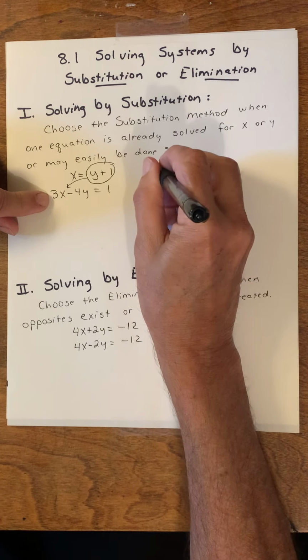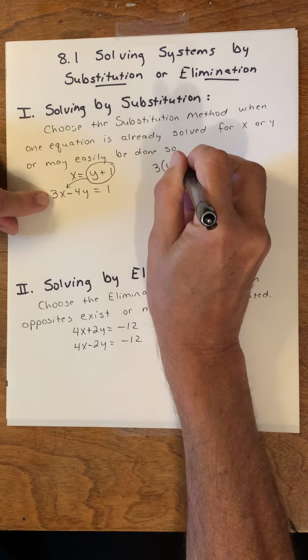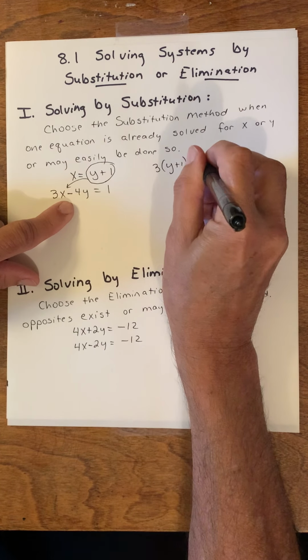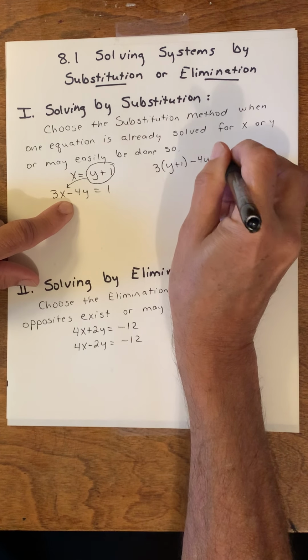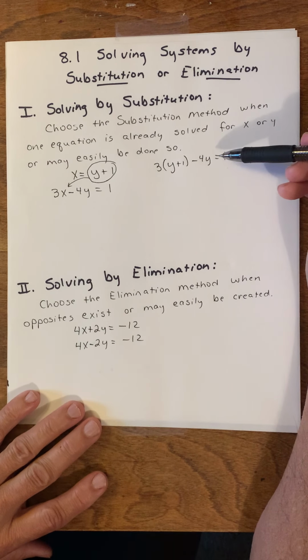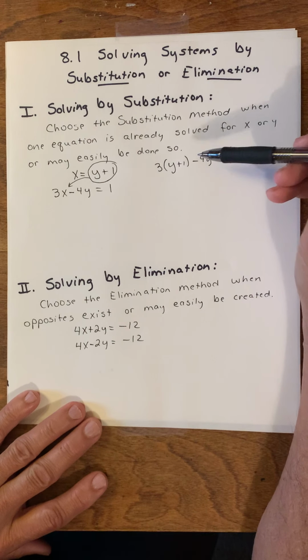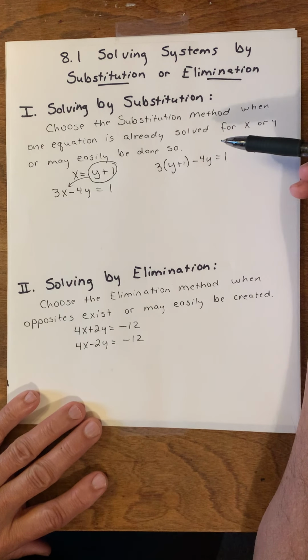So I write 3x, but wait a minute, x is y plus 1, minus 4y equals 1. And I immediately see the benefit of this substitution method. Please note, I only have one variable. I can easily solve a linear equation with just one variable.